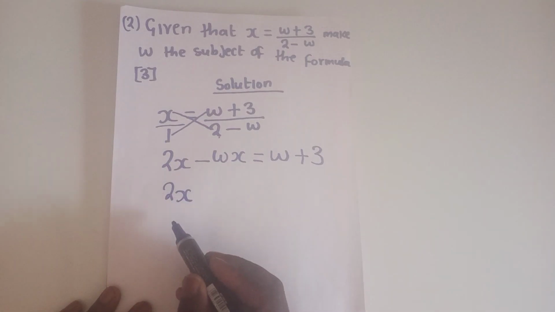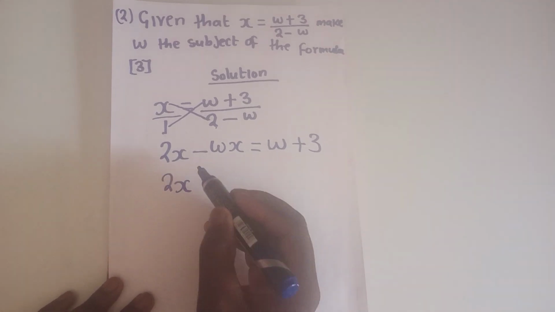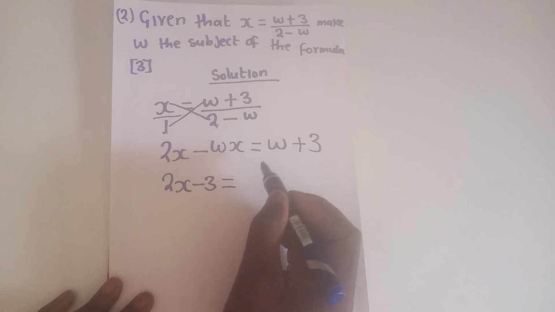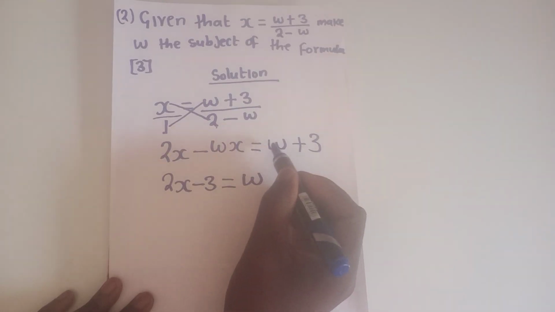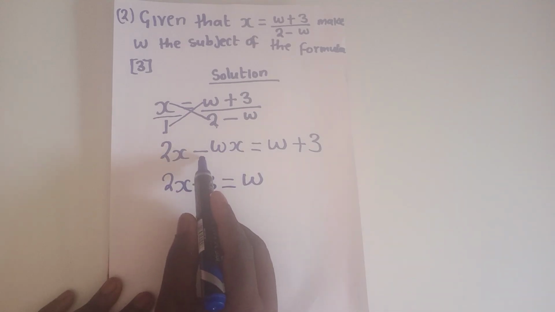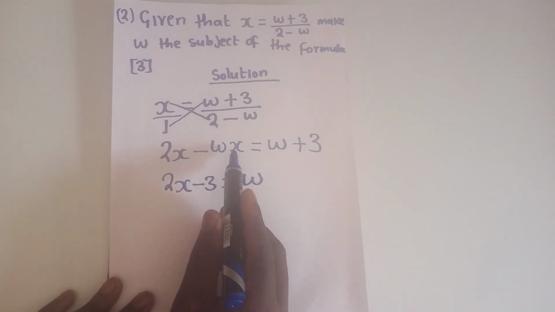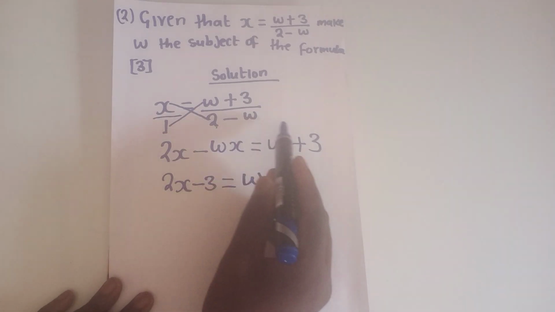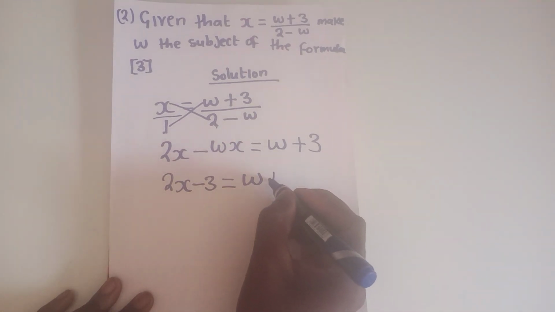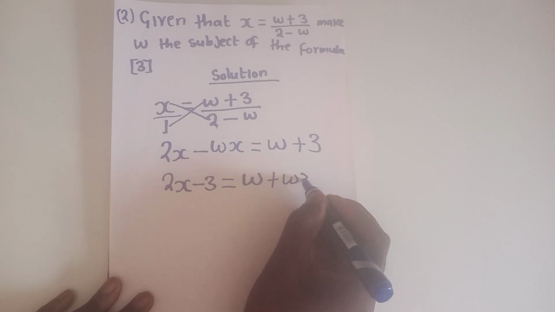If it crosses the equal sign, it becomes what? A negative. Equals to w. W didn't cross anything, so it's just here. But this one was negative wx. If it crosses the equal sign, it becomes what? A positive, wx.